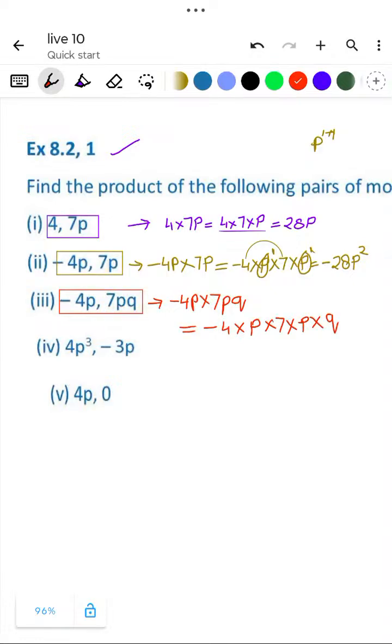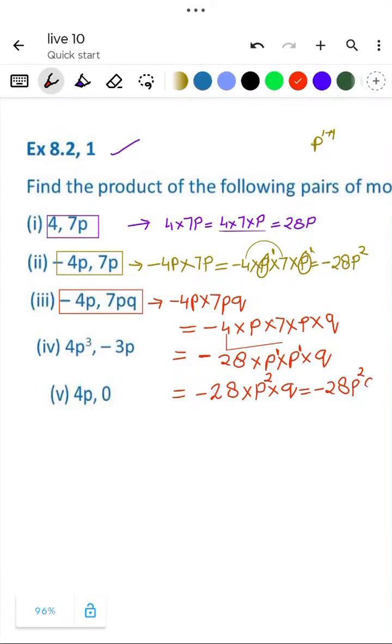Multiplying 4 by 7, we will get 28, times p times p times q. This p has one power, this also has one power, so on multiplication powers will add, so this will be p square into q. So this is negative 28p square q.